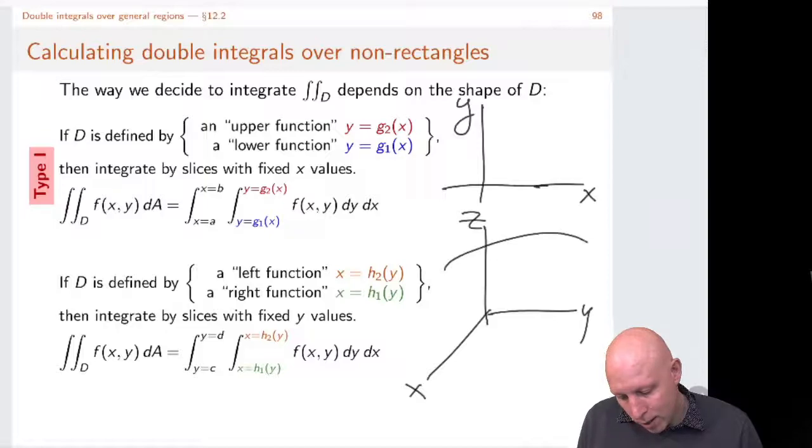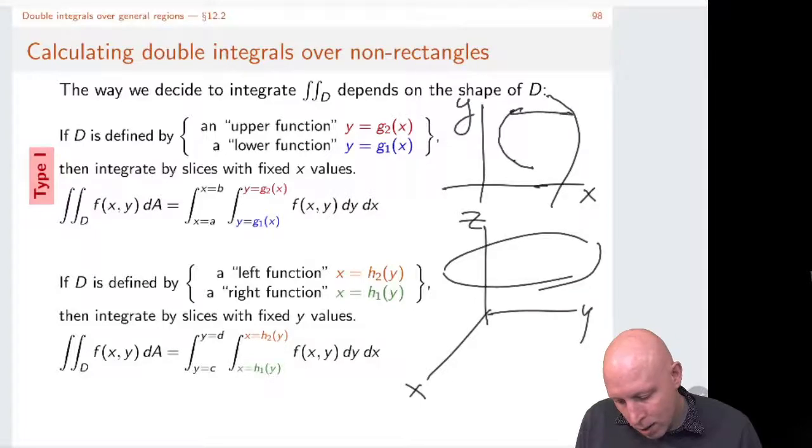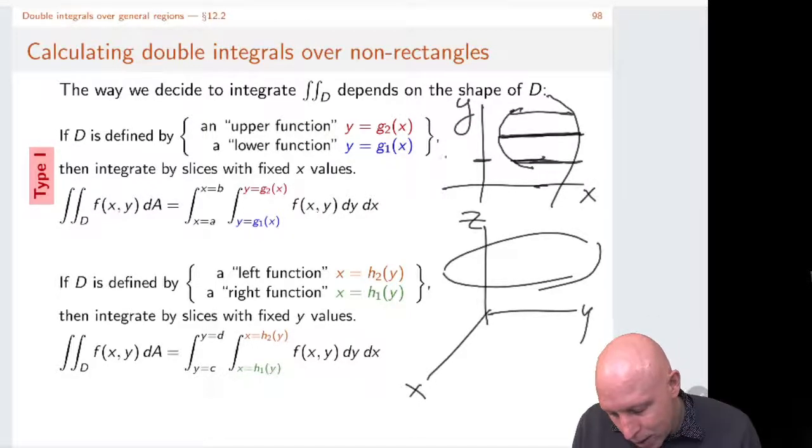And so we've got this surface, but maybe now our domain looks better like, oh, we've got our two functions like this, where we integrate, and the slices make more sense if we're taking slices with respect to y. And so we see where we start chopping, this is at y equals c, and then we stop chopping at y equals d.